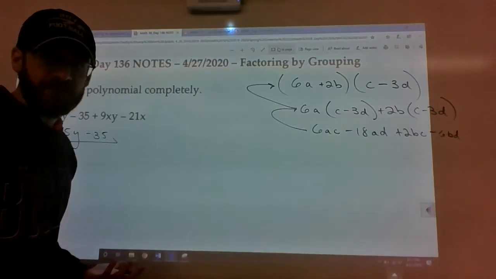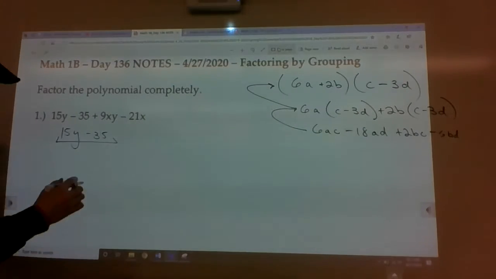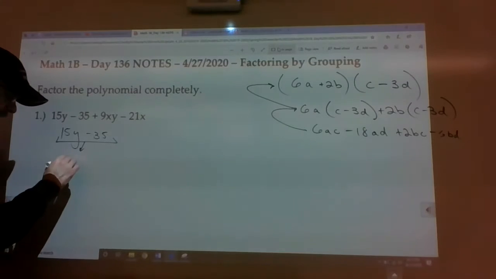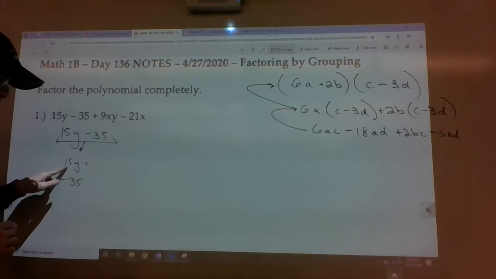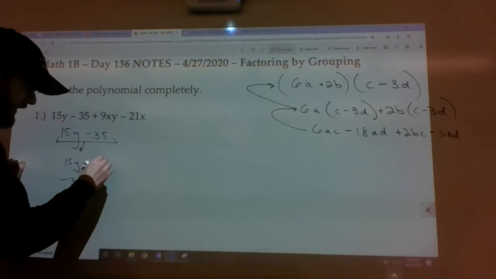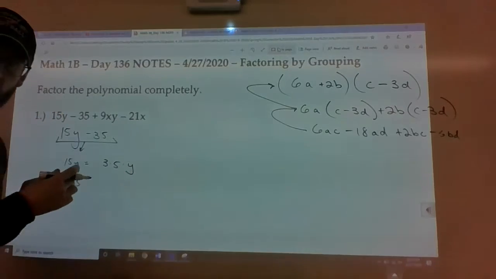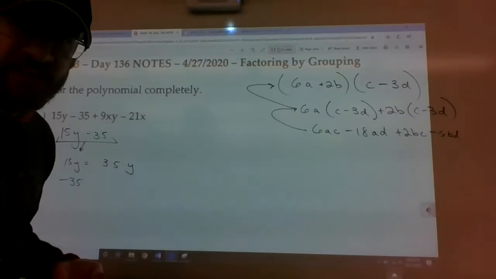Let's just do prime factorization on those two right there and see what we come up with. So 15y and negative 35. 15 is just 3 times 5. So we go 3 times 5, put a y on the tail end of that. And remember, I'm putting a 1 every time, but I'm not going to circle the 1 unless it's the only thing they share.